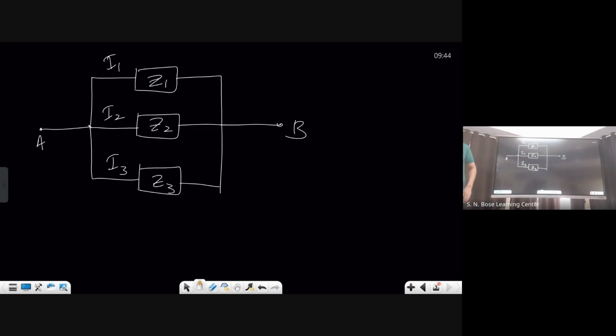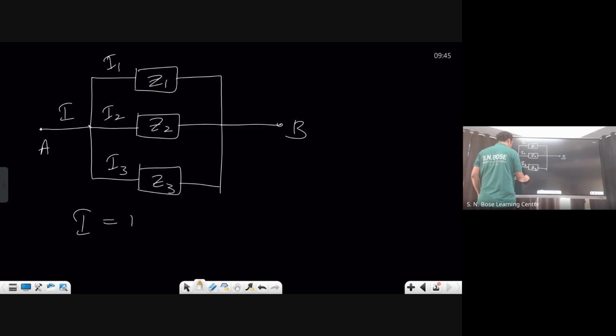So if you have a parallel circuit, I'll add the currents first. What is the main current?